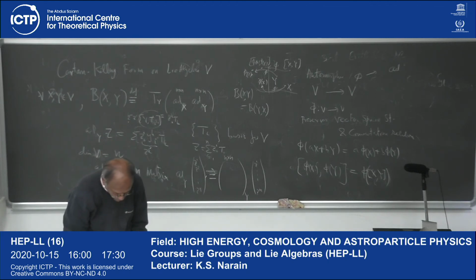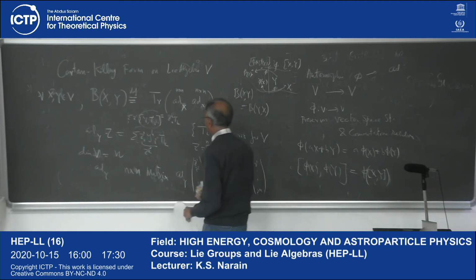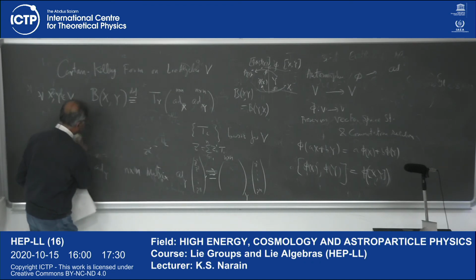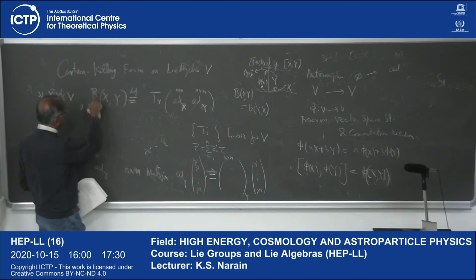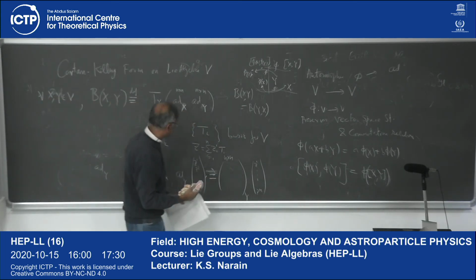So let us see, we are asking the question: what we'll try to prove is that this metric, this Cartan-Killing form that we have defined, is invariant under the automorphism.